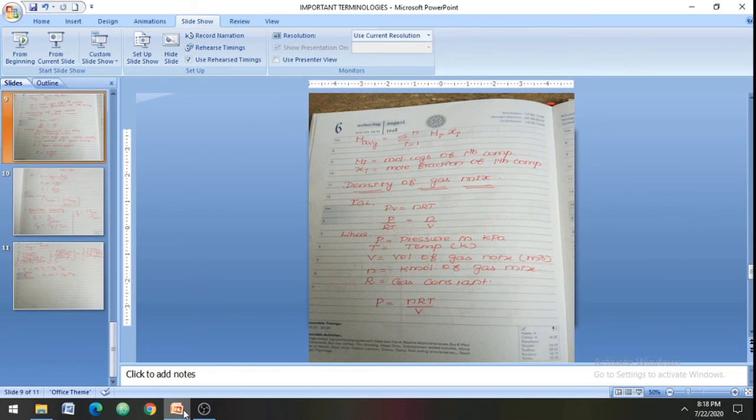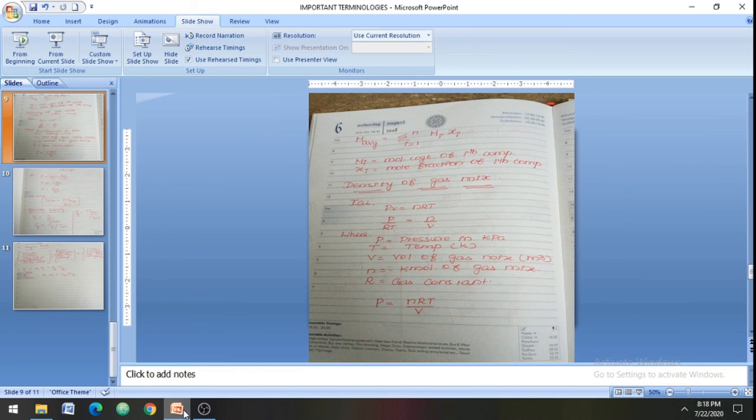Here M carbon dioxide means the carbon dioxide molecular weight, which is 44, into the mole fraction of carbon dioxide 0.8, plus M hydrogen, the hydrogen molecular weight 2, into the hydrogen mole fraction value 0.2. Add these values to find the M average. This is one simple example of average molecular weight.